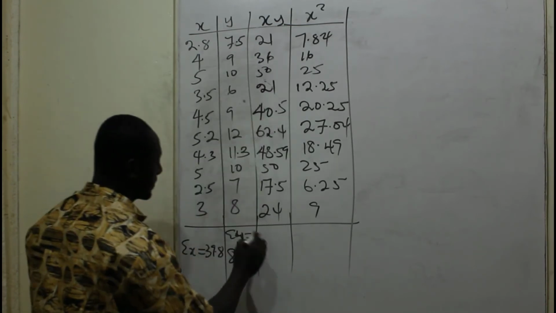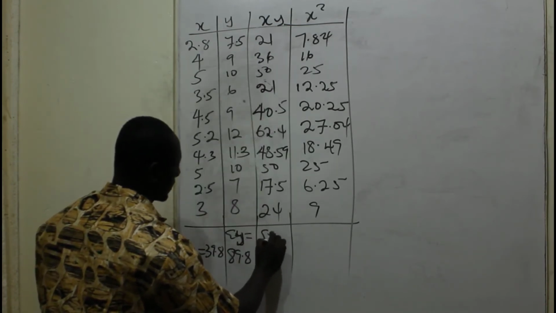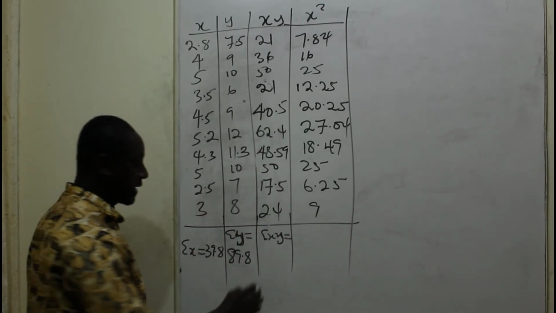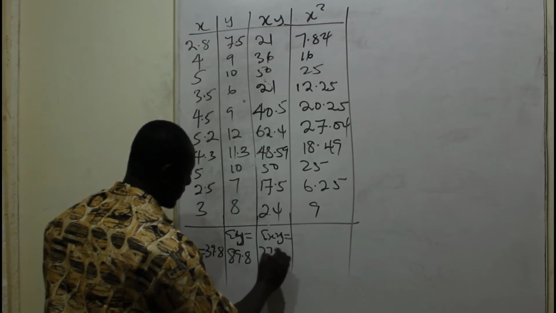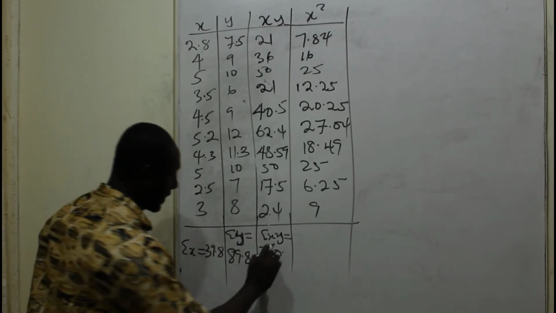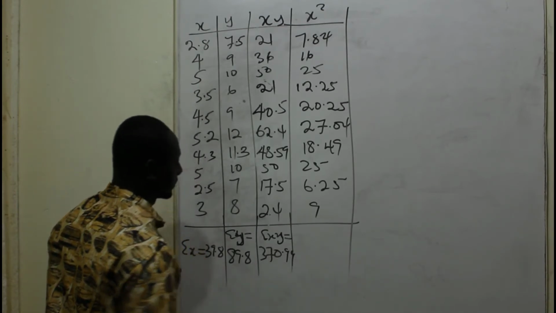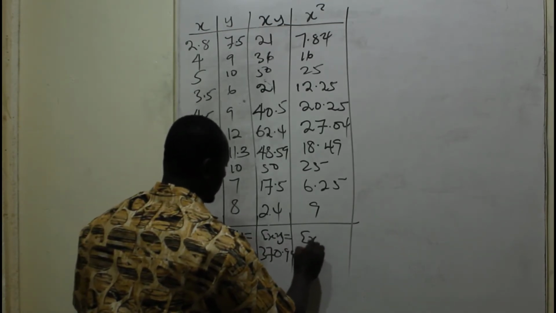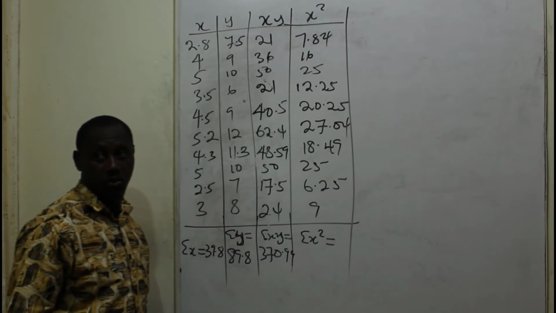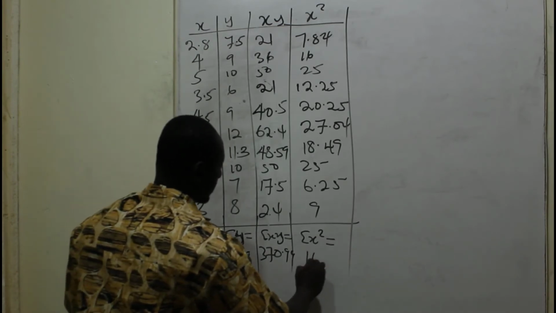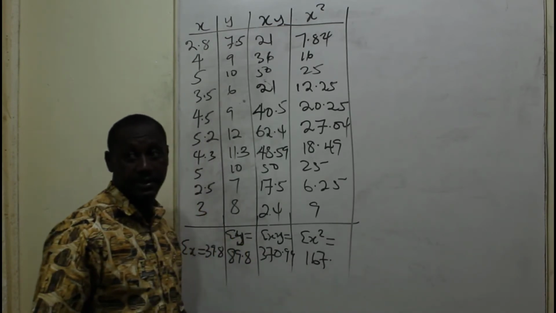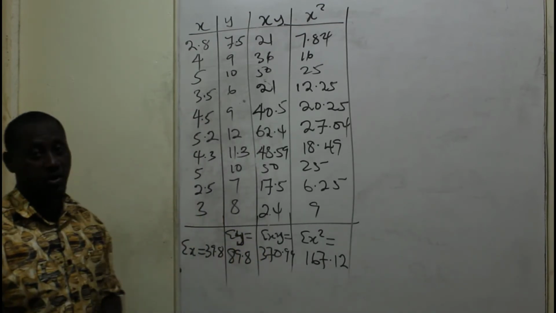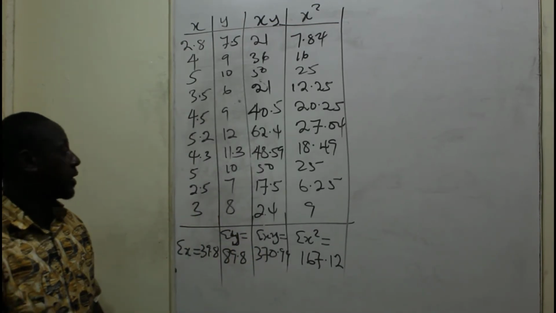Then we sum summation of xy, we sum everything here, and that gives us 370.99. And then we sum the last one, that is summation of x squared, and that is giving you 167.12.